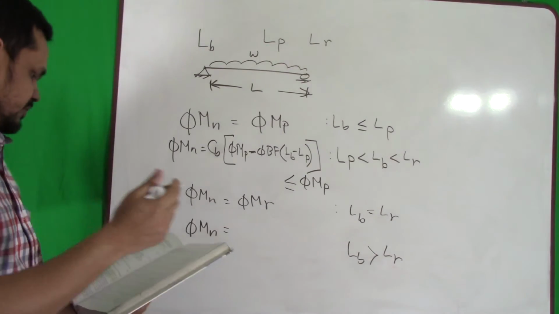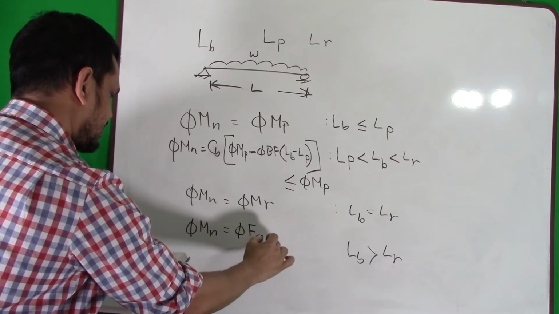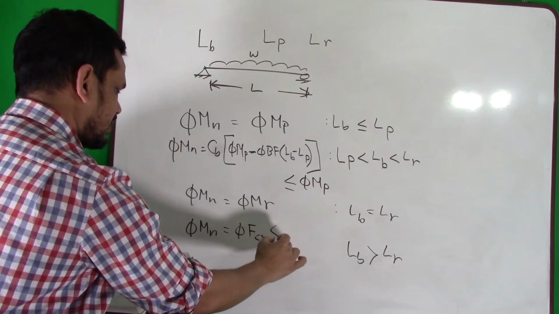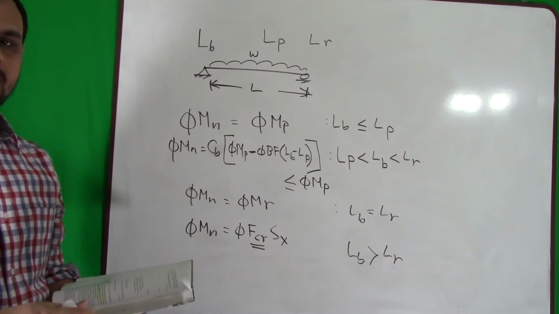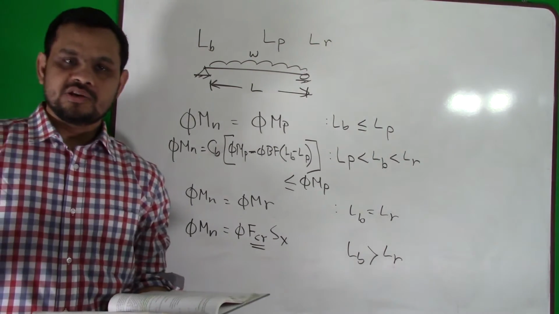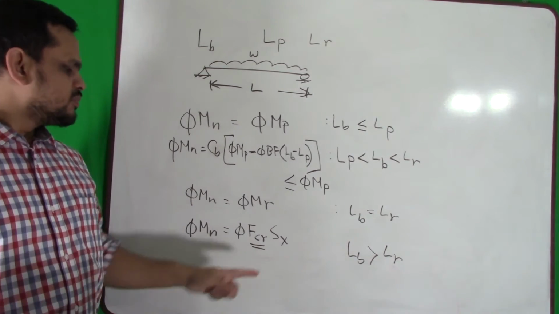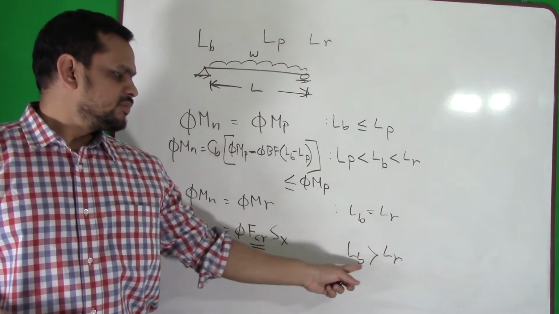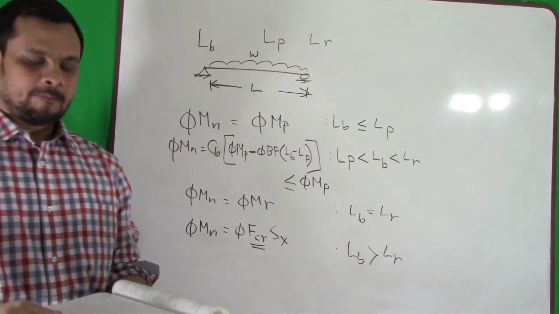The capacity will be phi Fcr times Sx, where Fcr can be determined using a very big equation, where I am not going there now. The reason is mostly we do not design a beam where LB is greater than LR, but it is possible.